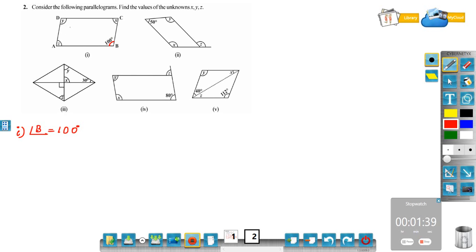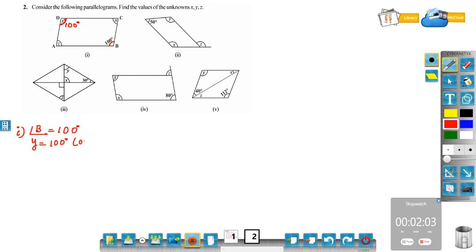Now which is the opposite angle of angle B? That is angle D, which is represented with Y. So we can write Y is equal to 100.